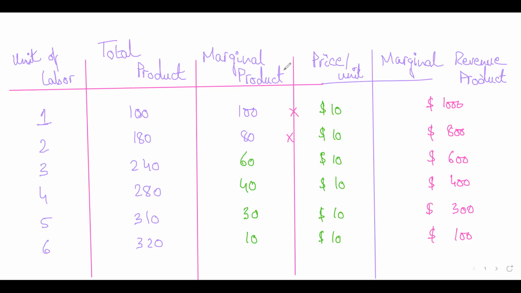let's quickly plot this graph, for you to understand. It's no rocket science, but just to help you visualize how it looks, it will be a downward sloping curve.